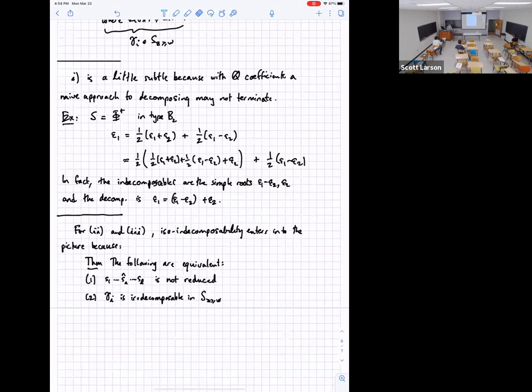So what this means, you can show that if it's decomposable, so what I say decomposable means C times alpha I equals gamma I is gamma J plus gamma K. Well, let's say J is less than K, right? I mean, they're not equal, so let's just say J is less than K here, right?